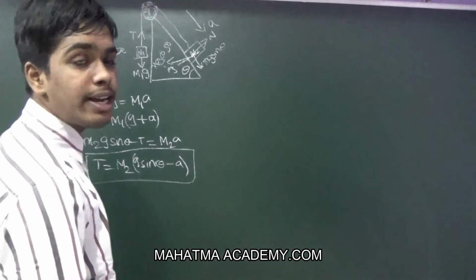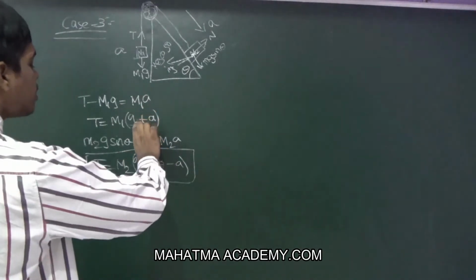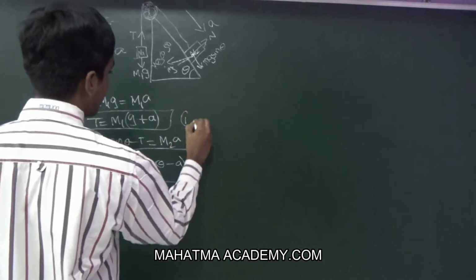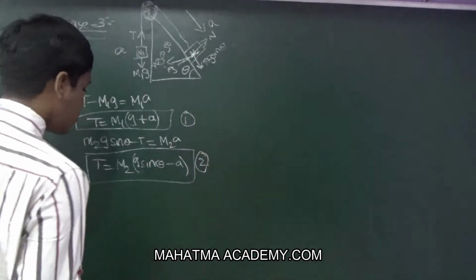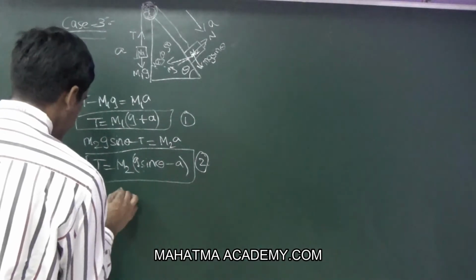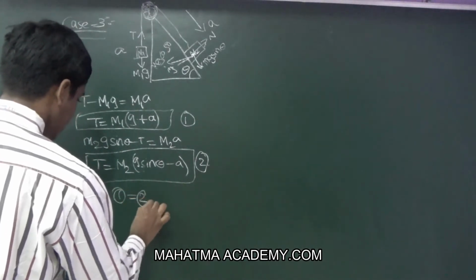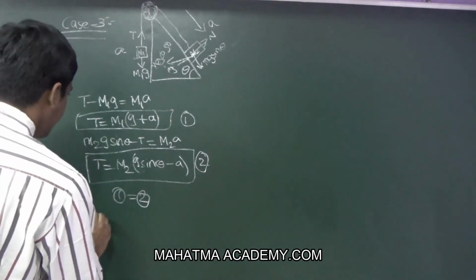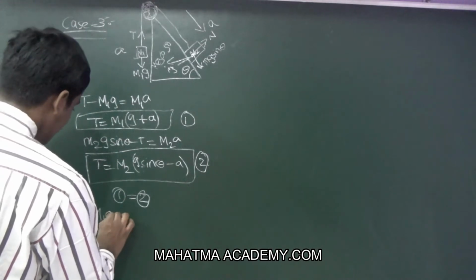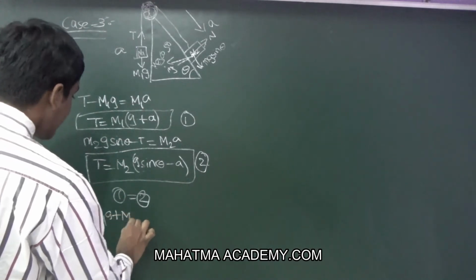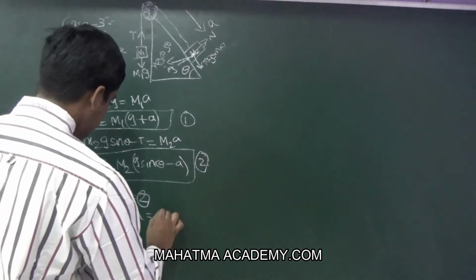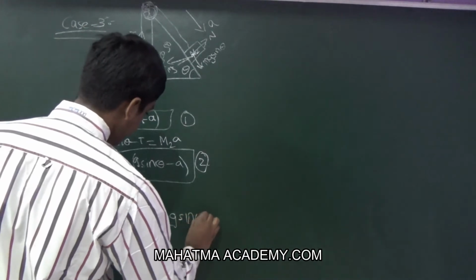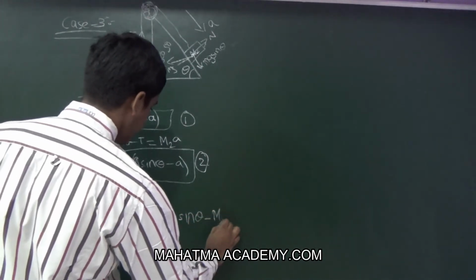Now if you want to find the acceleration, we will equate these two terms. It is taken as 1 and it is taken as 2. 1 is equal to 2. Now m1 into g plus m1 into a is equal to m2 into g sin theta minus m2 into a.